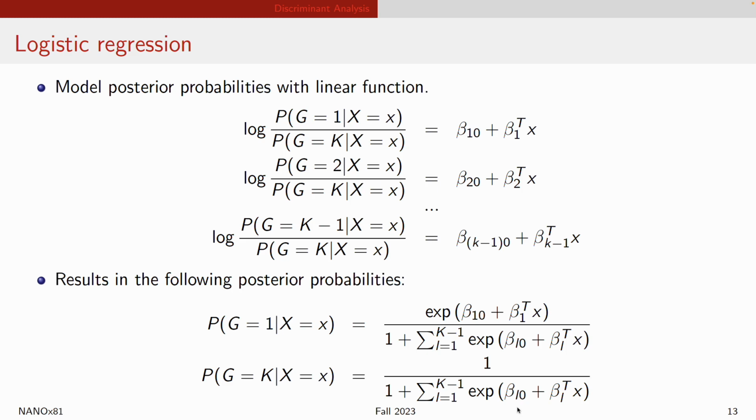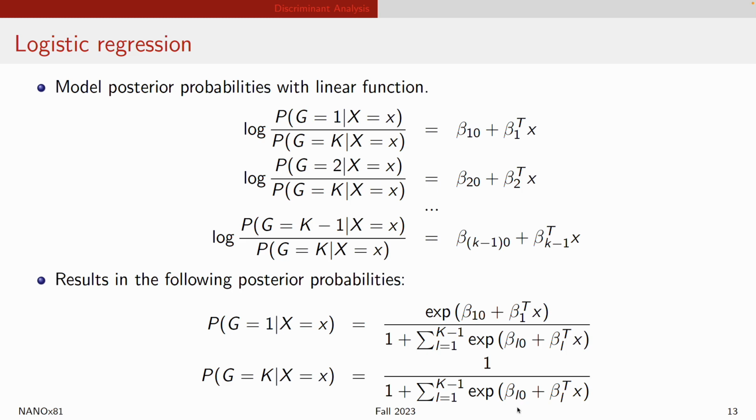The way that logistic regression works is that you model the posterior probabilities from your Bayes rule using a linear function. I take the ratio between the posterior probability of being in class 1 divided by that of being in class K, and the log of that ratio, I assume can be described by a linear function in my features.